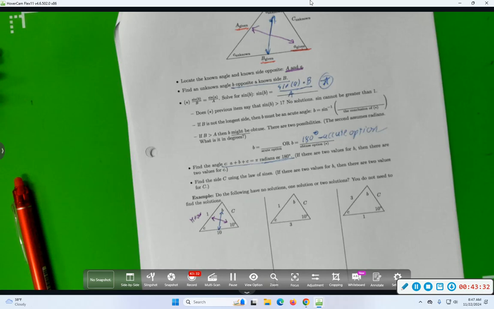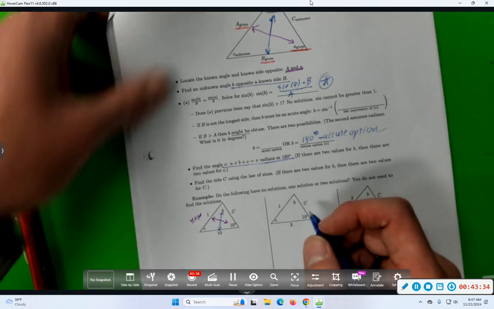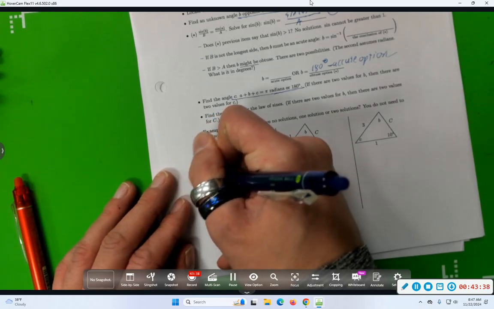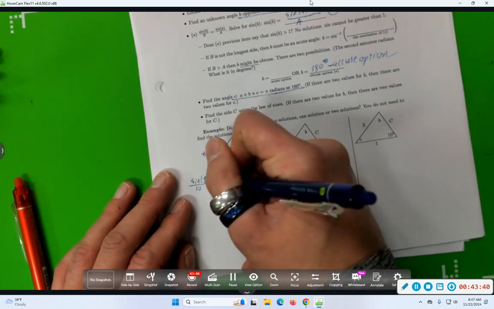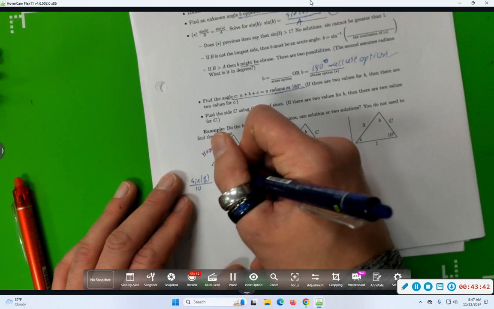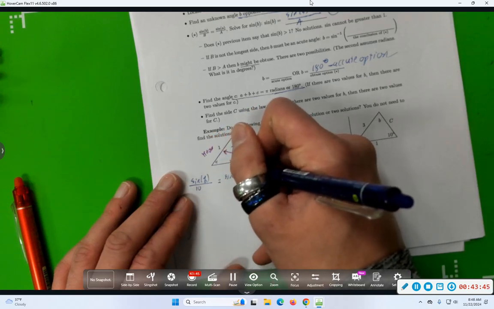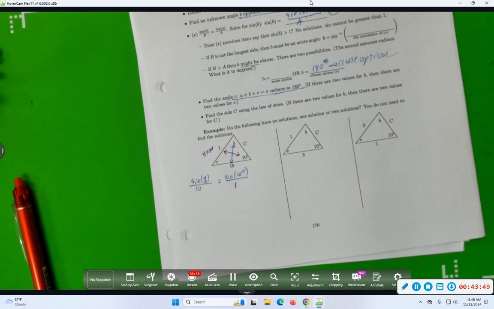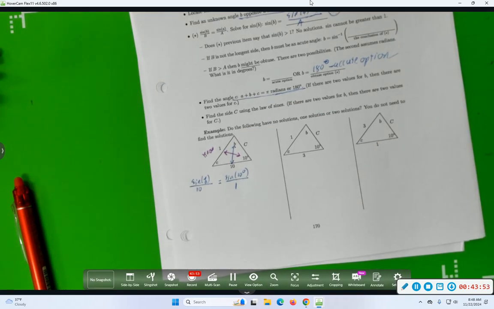I'll use those to set up a law of sines equation. So it looks like sine of little b over 10 is equal to sine of 10 degrees over 1. Feel okay? That look like something you could solve for sine of little b?